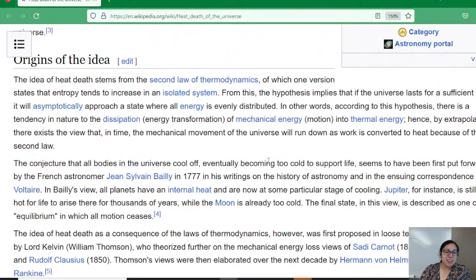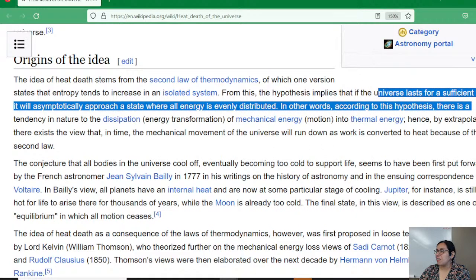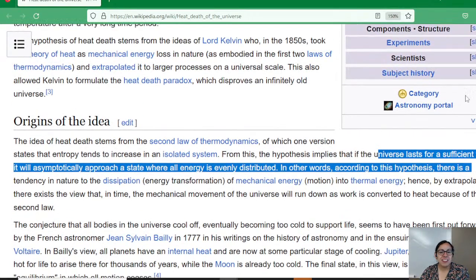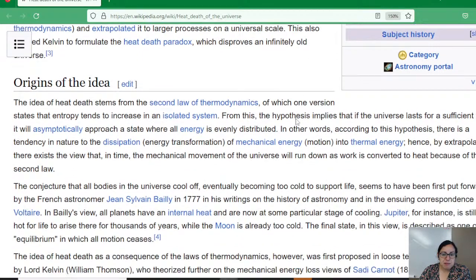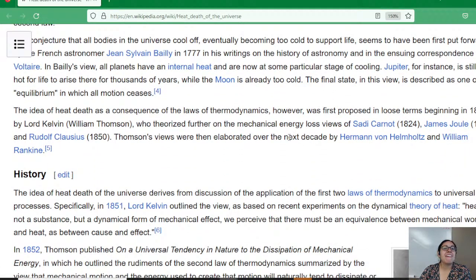Basically what this is leading to, you can read the theory, but at some point over some time, who knows how many million or billion years, you'll approach a state where all energy is evenly distributed, so you can't perform work anymore. But who knows? It's our descendants' problem. Exactly.